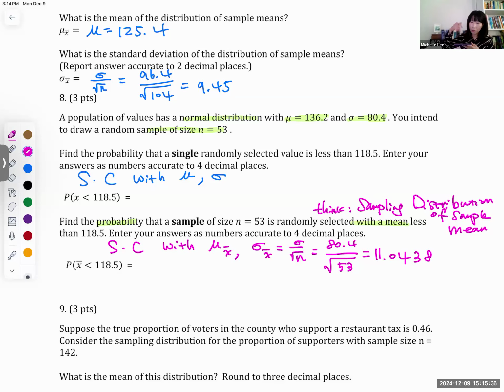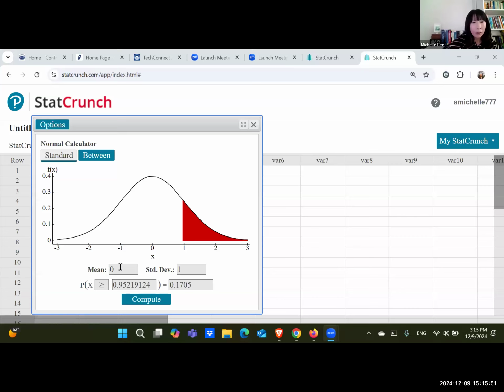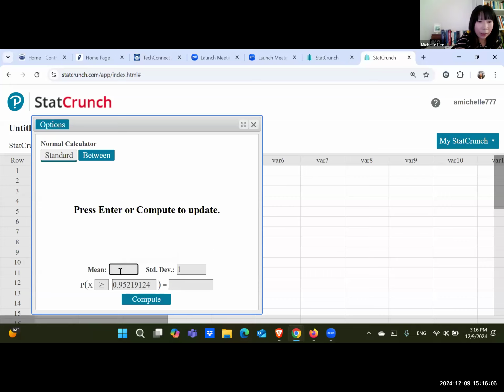So let me do this one in StatCrunch. Okay. So the first one, I need to make a note here too. They changed the feature in Zoom. All right. So mu, which is 136.2, right?